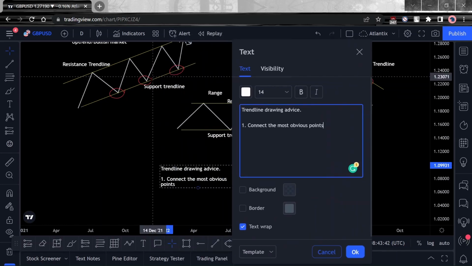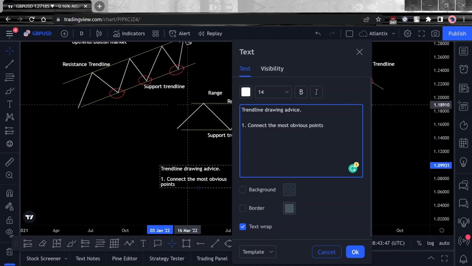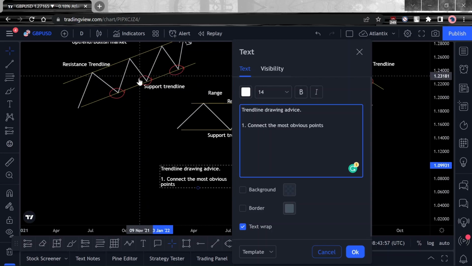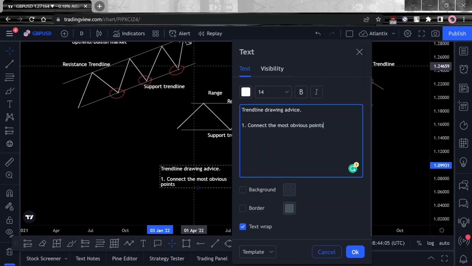You can't be trying to draw something that doesn't look clear to you. The lows simply need to be something that's standing out. If all you had was this line, this would be the simplest one to draw, because it's clear as day. This is the lowest point, this is the lowest point, this is the lowest point.